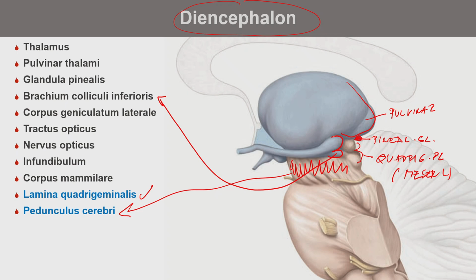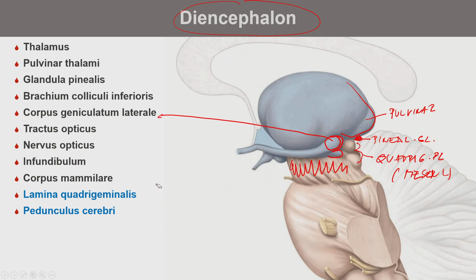And the second one is seen here. The second structure could be seen here. This is the corpus geniculatum laterale, the lateral geniculate body, which is a part of the visual pathway. And here is the relay for the third neuron.